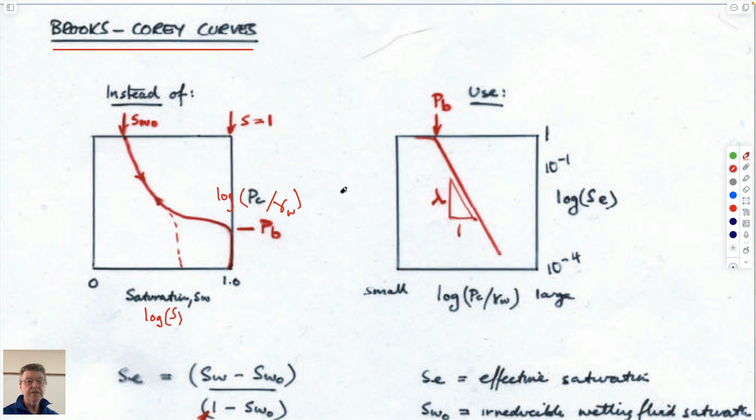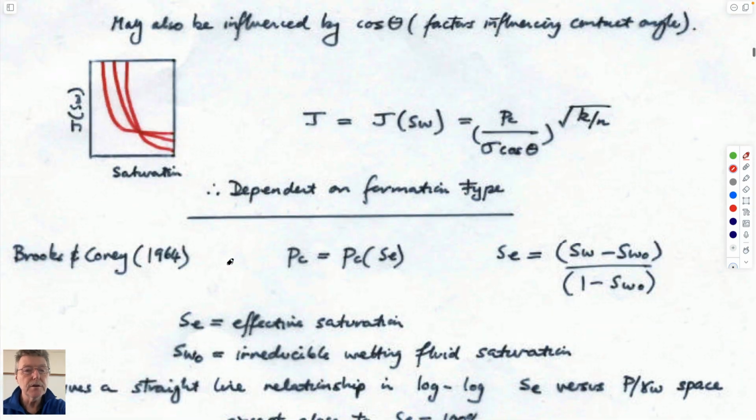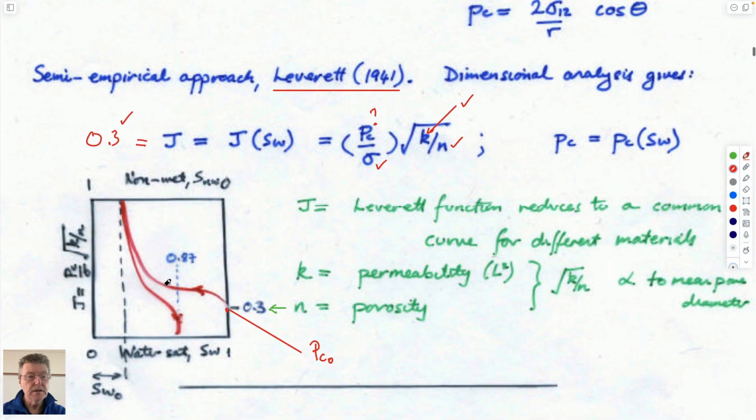And if we did that, then this curve would start looking like this, with the proviso that we define the saturation in terms of an effective saturation. So the effective saturation is the saturation we find ourselves at. And so each one of these saturations would be these individual points on this curve. So this would be the saturation of water. So I guess it would be this.